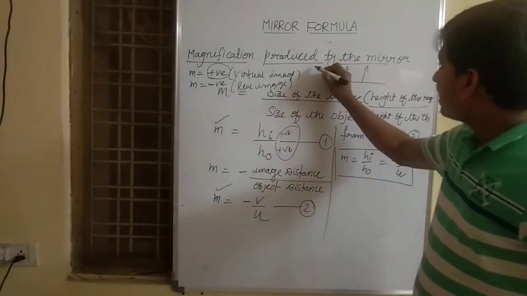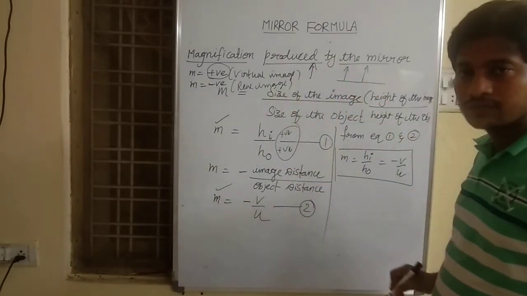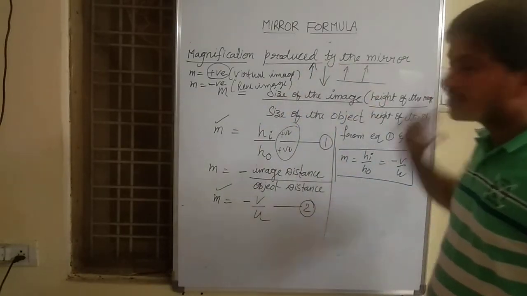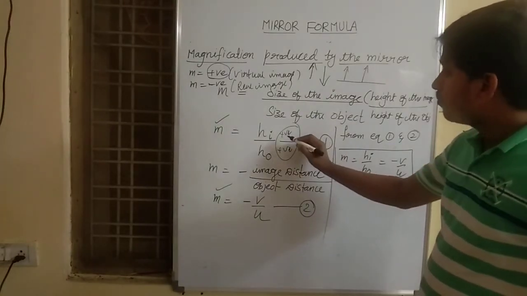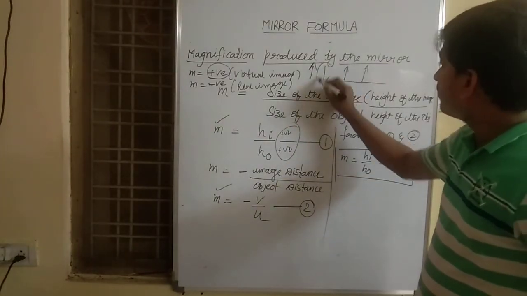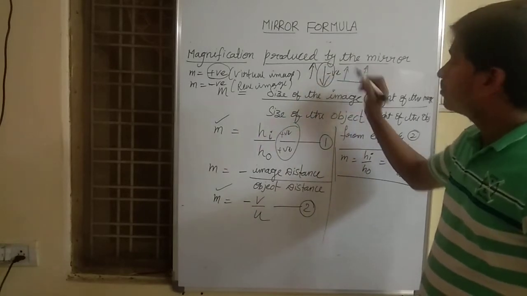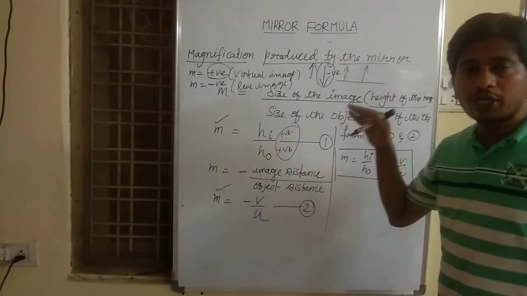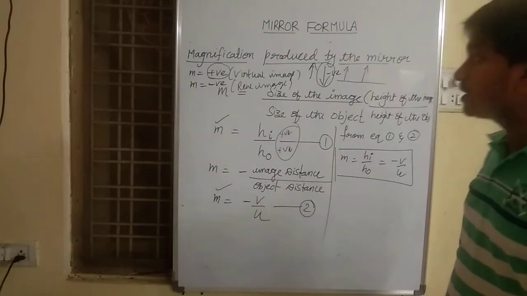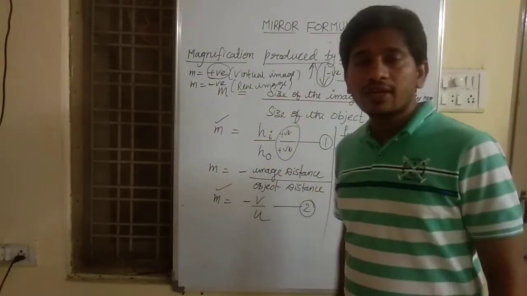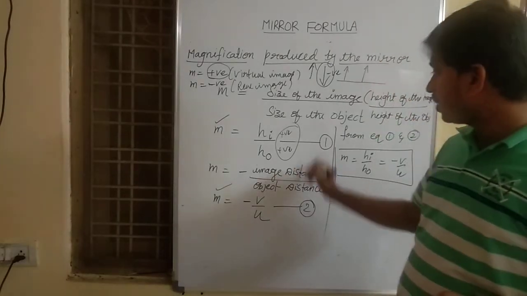Why is magnification negative for a real image? Because if we place an object like this, we get the image like this. This is our image, which is negative, because it is downward and perpendicular to the principal axis. That's why magnification is negative.